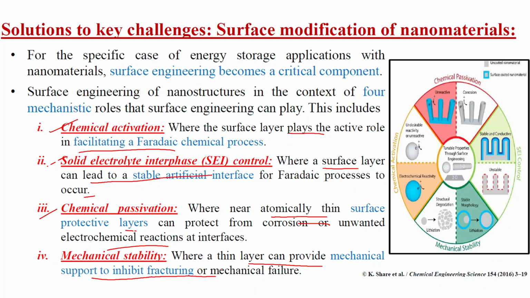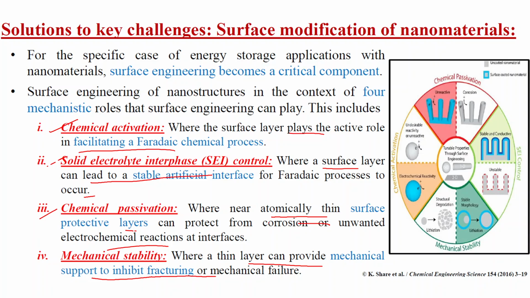So if you could introduce some kind of surface modification to a nanoparticle, you can introduce a surface layer which enhances the Faradaic chemical process, or the solid electrolyte interface. In the case of the solid electrolyte interface, a surface layer is made on the surface of the nanoparticle which acts as a stable artificial interface and assists in Faradaic processes.